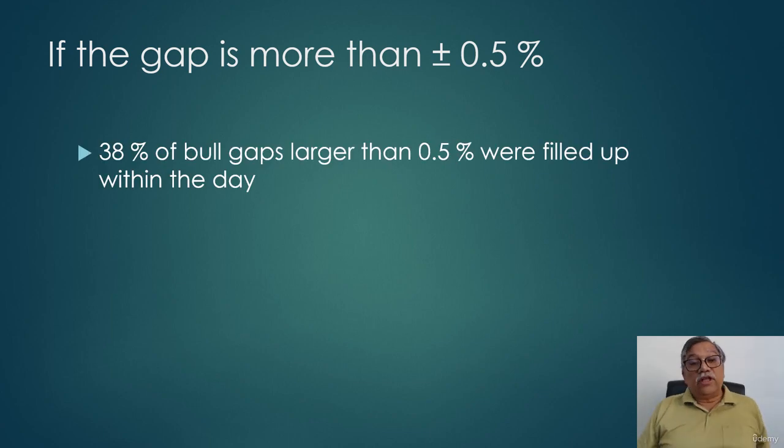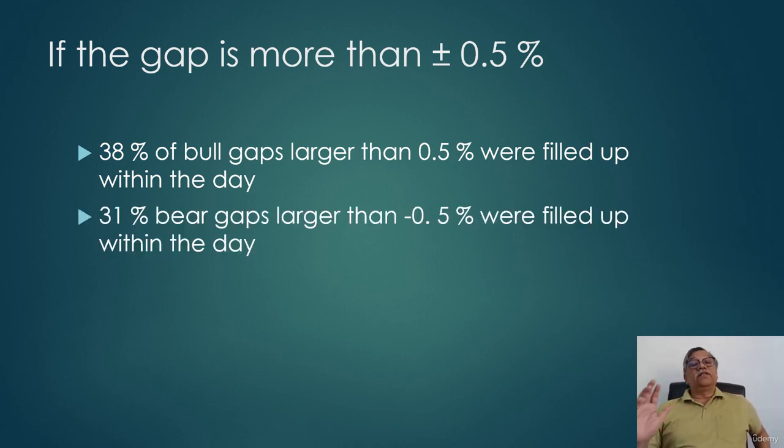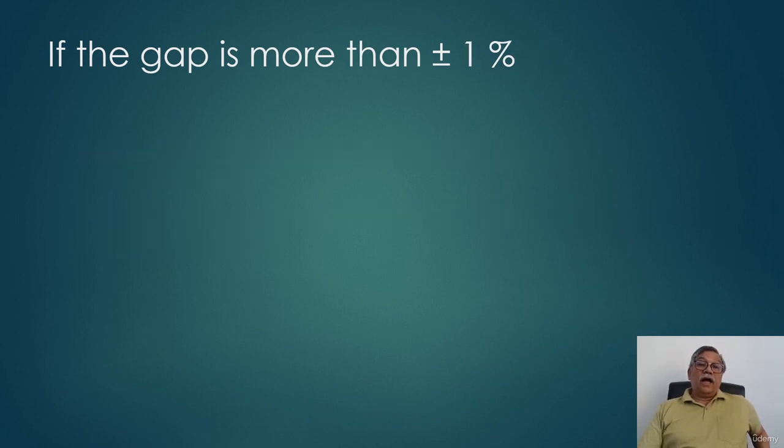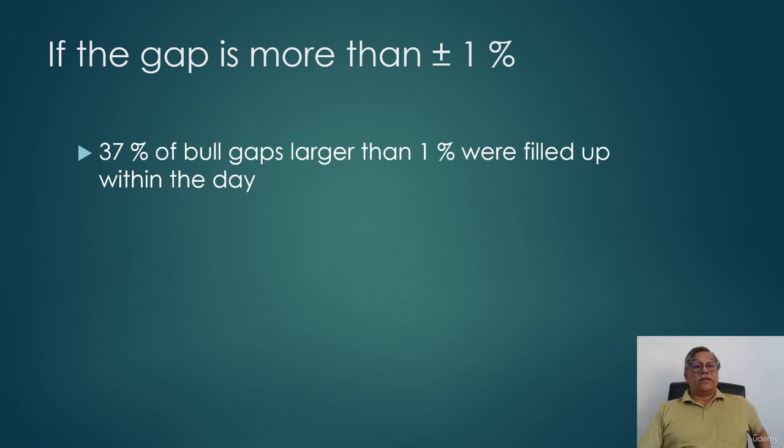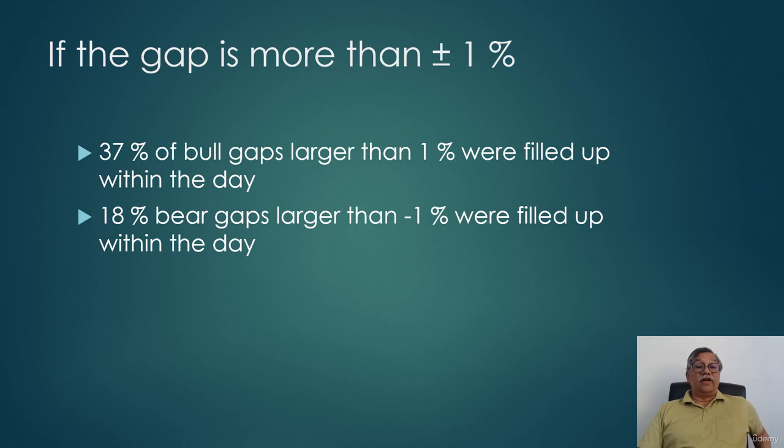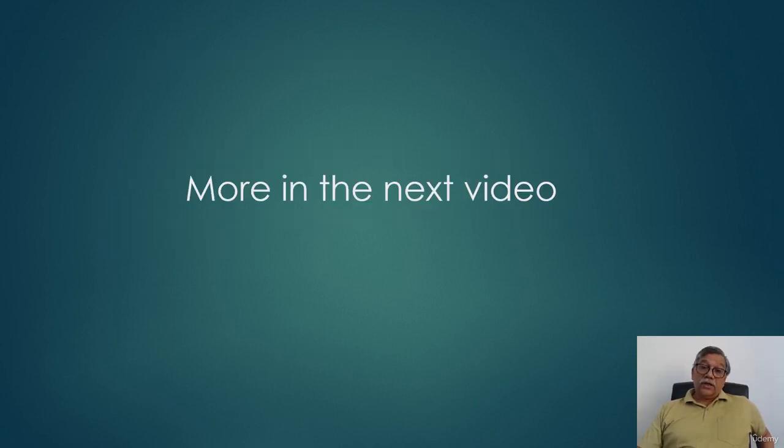If the gap is more than 0.5%, 38% of bull gaps larger than 0.5 were filled up within the day, and 31% of bear gaps were filled within the day. And if the gap is more than plus or minus 1%, again 37% of bull gaps larger than 1% were filled up within the day, and only 18% of bear gaps larger than 1% were filled up within the day. Okay, so that is the statistic about the gaps.